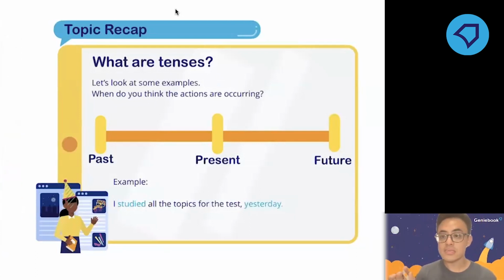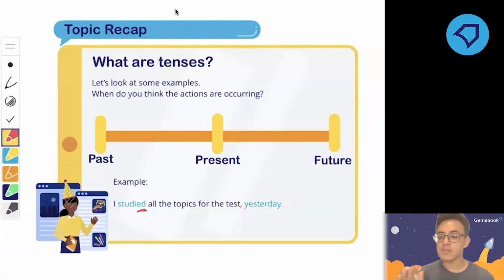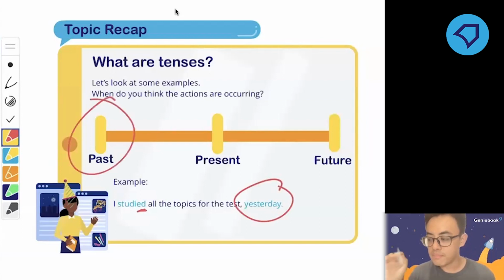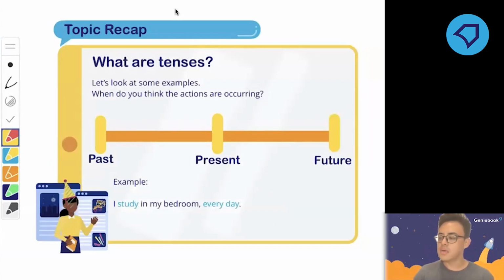When I add the word yesterday, I definitely have to use the past tense. Okay, I cannot say I study all the topics for the test yesterday. It doesn't work because when there is an indicator of when it happens, the verb has to be in the past tense.